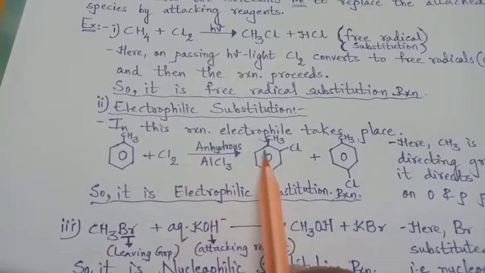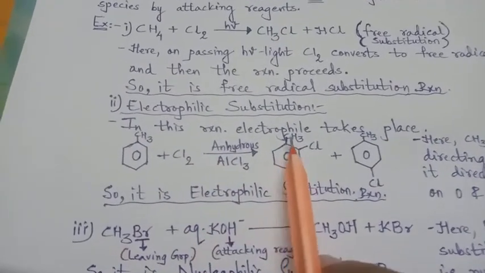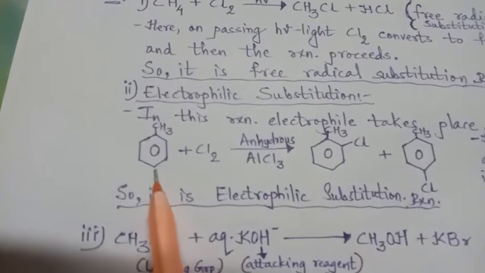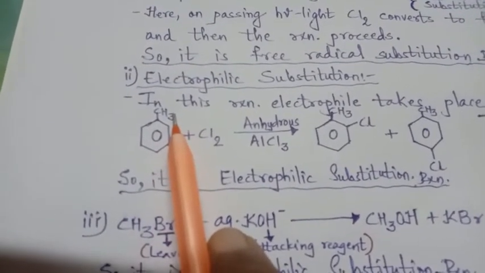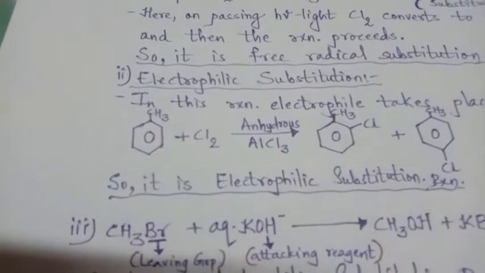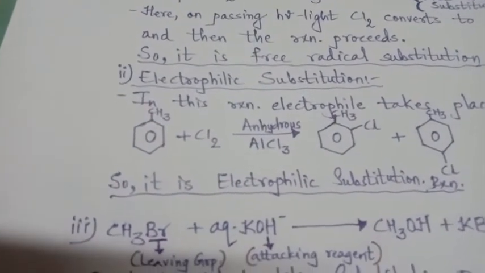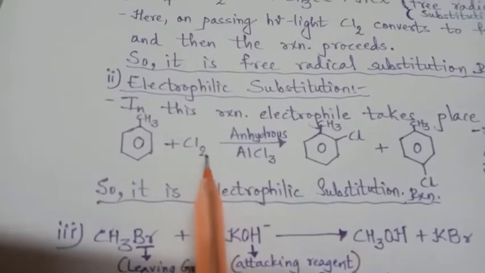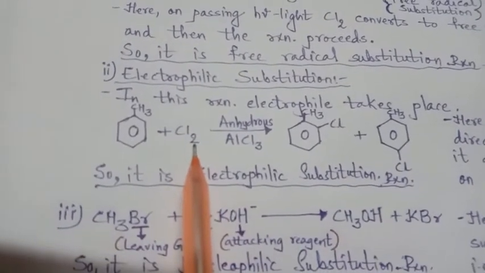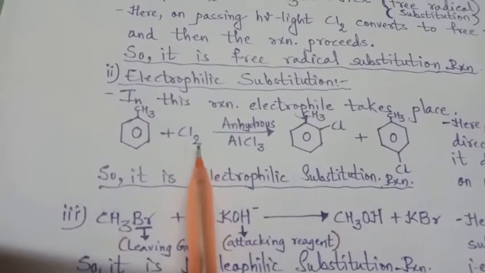In this reaction, an electrophile takes part. See here, this is again a benzene ring with a methyl group, that is methyl benzene, which is reacted with Cl2 again. Now here Cl2 is the electrophile, right? Why electrophile?